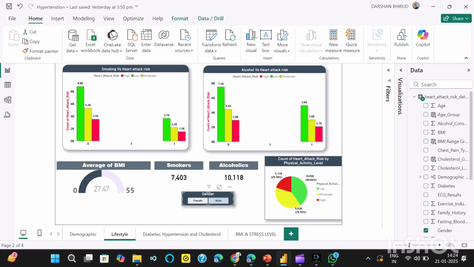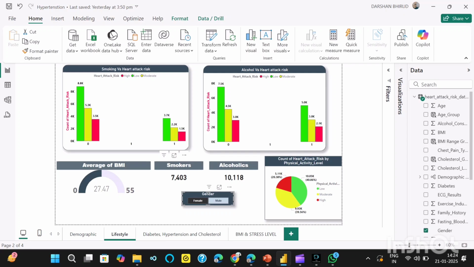If I click on female, the number of smokers in the female category is 7,403, and the number of alcoholics is more than 10,000. In the smoking category, the green bar shows low heart attack risk.